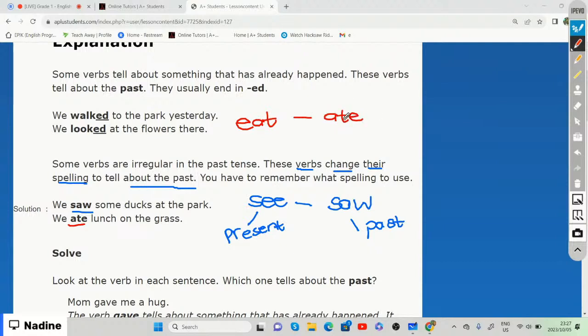And as you can see, the spelling changed. Not much, but it still changed. So you're just going to have to remember what spelling to use. So eat is in the present and ate is in the past.